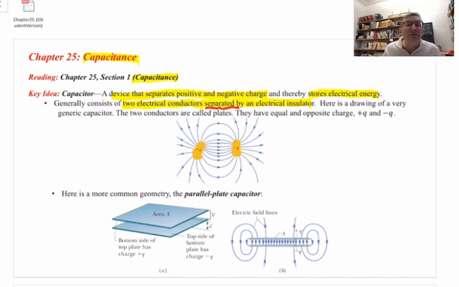And here's a drawing of a very generic capacitor. Not the kind we're actually going to study, but just a general one. The two conductors are drawn in kind of a gold or orange color.